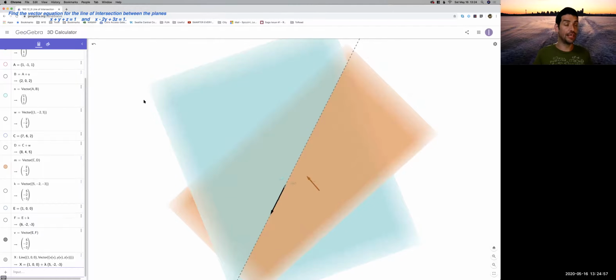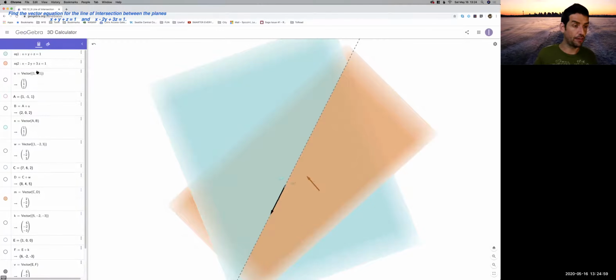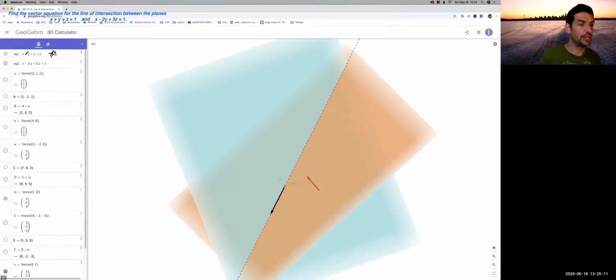Those are the normal vectors, and I read those straight off of the equations. For instance, in equation 1, we can just read the coefficients of x, y, and z to see that, I called that one n, is just 1, 1, 1.